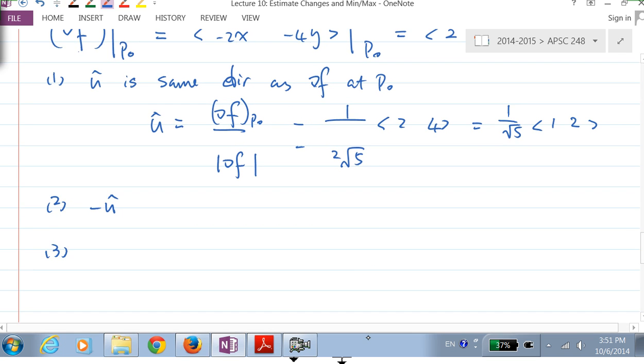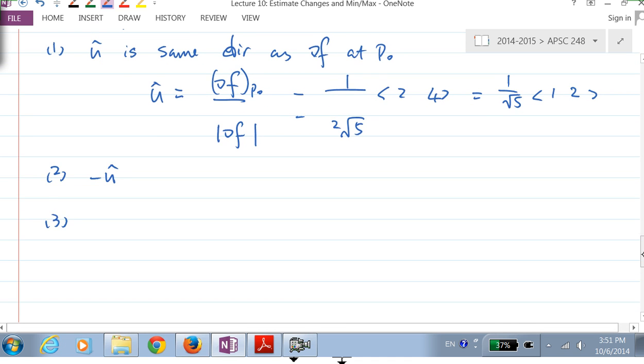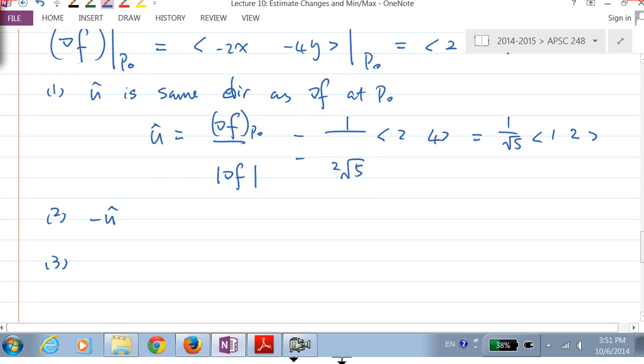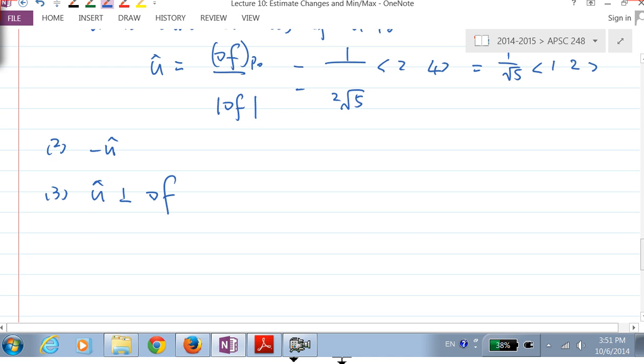The third one might be a little confusing at this stage, but let's see. We want a direction that results in 0 change in f. As we learned, that direction has to be perpendicular to del f. So we're looking for u hat perpendicular to del f.